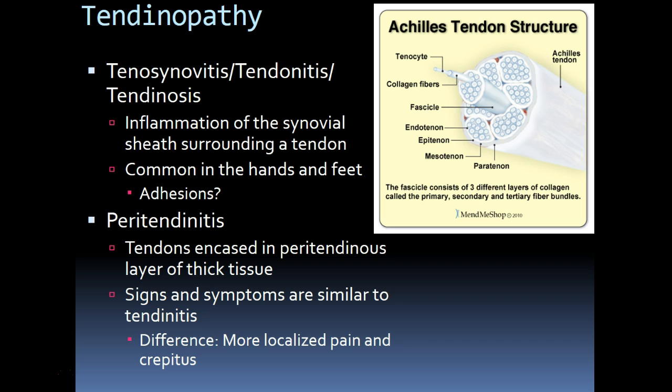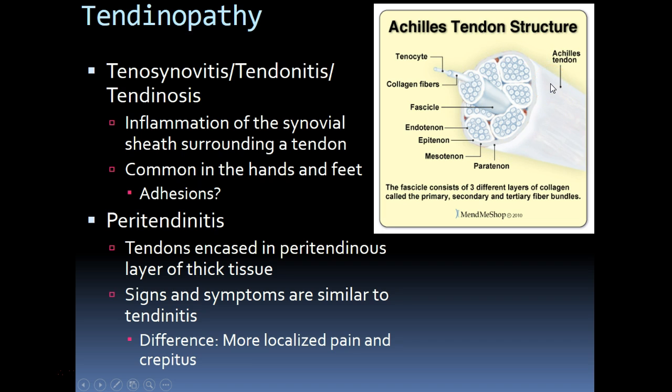So when we look at this picture here, what we are looking at honestly is the anatomy of a healthy tendon. Tendinitis is inflammation of this piece of the tendon.